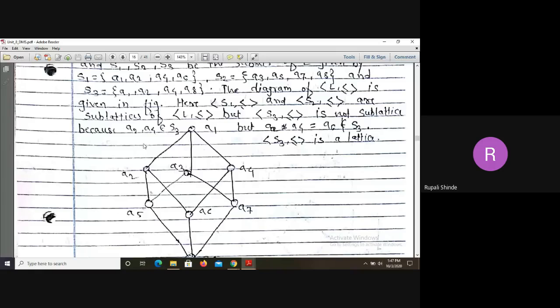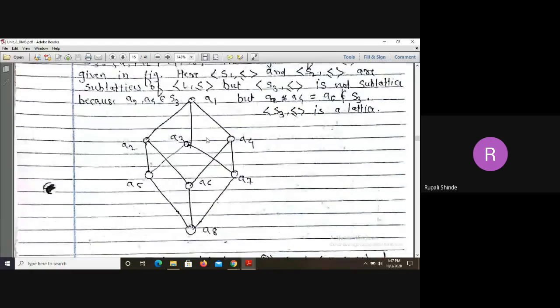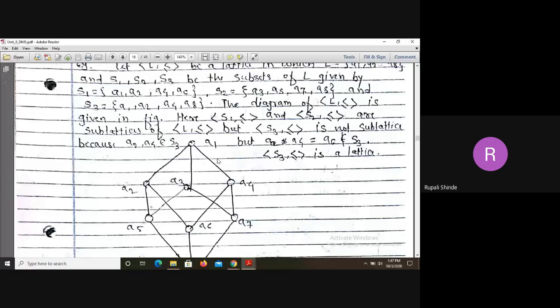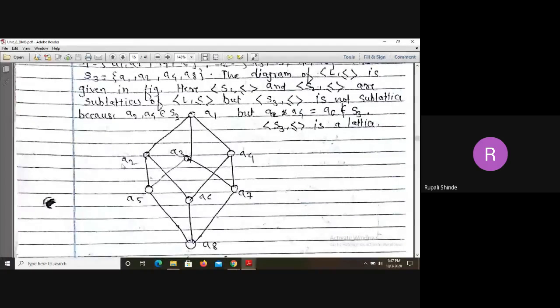Okay. So here is the given lattice, and out of this lattice they have defined three subsets S1, S2, S3. Why are these called subsets? Because S1, S2 and S3 contain elements that are parts of this given lattice.